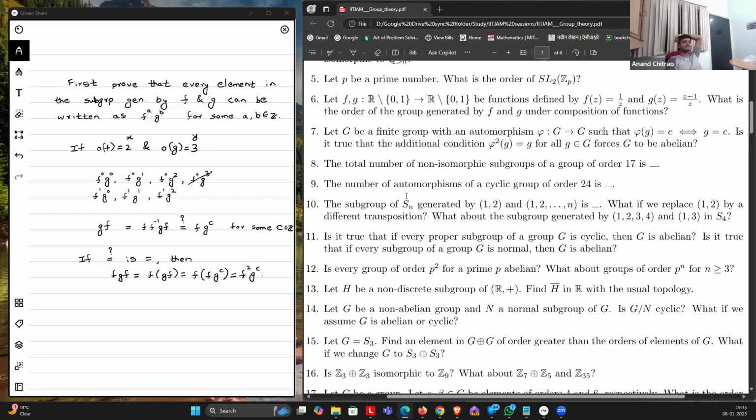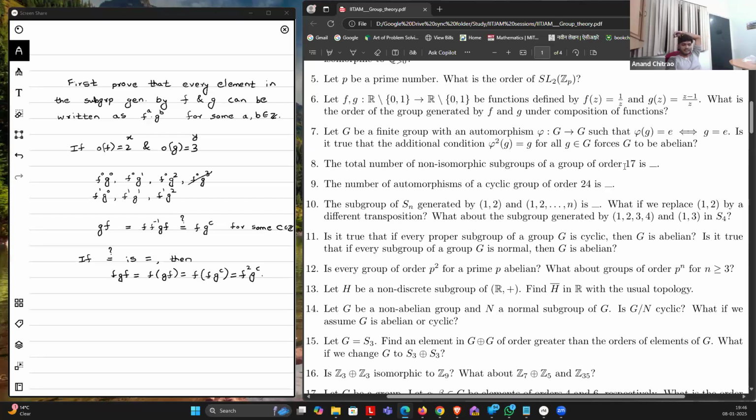Okay? Yes, sir. Sir, can you repeat the explanation for the previous one? Yeah. So the point is that there is a single group of order 17 and that is Z17.